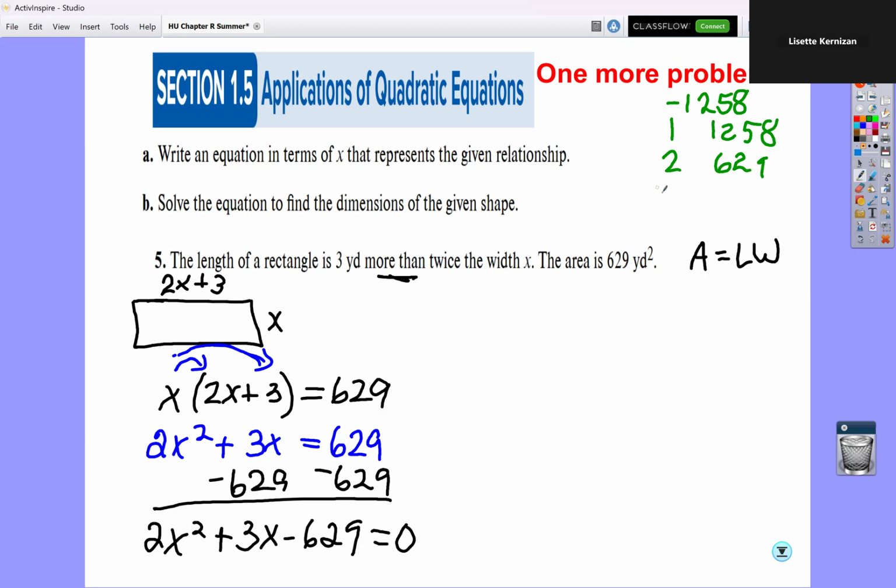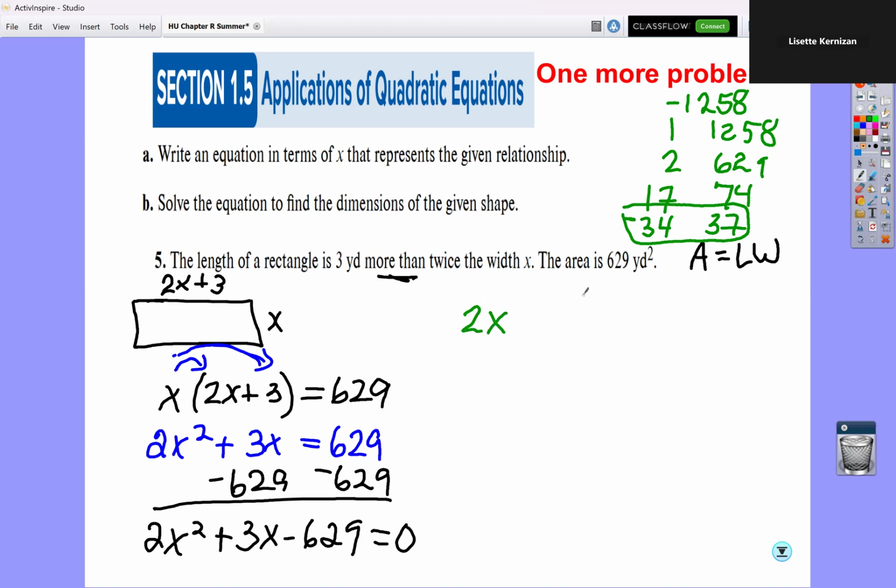And then I'm going to jump a little bit. 17 times 74, and then the next one is 34 times 37. This is the one that I want to work with because I can make this equal positive 3 by making the 34 negative. And then we're going to factor by grouping.